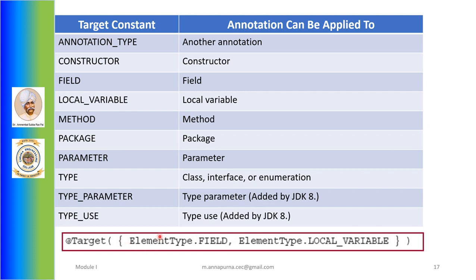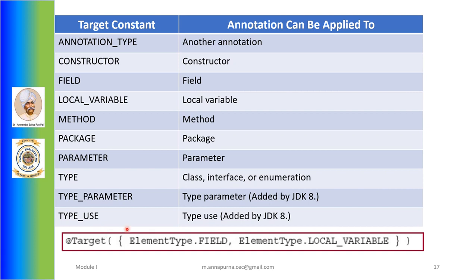For example, to specify that an annotation applies to only fields and local variables, we can use this @Target annotation. So here I have @Target({ElementType.FIELD, ElementType.LOCAL_VARIABLE}). So this tells that this annotation applies to only fields and local variables.